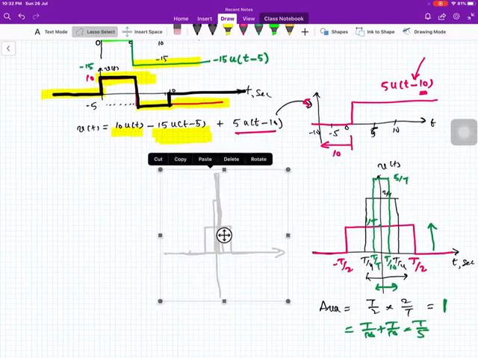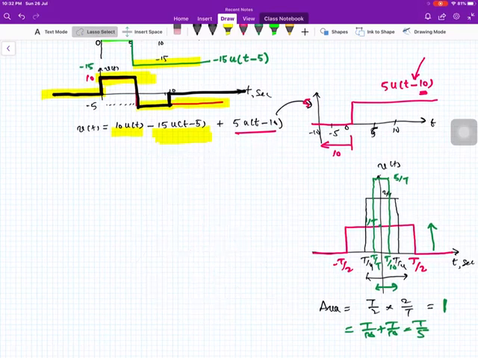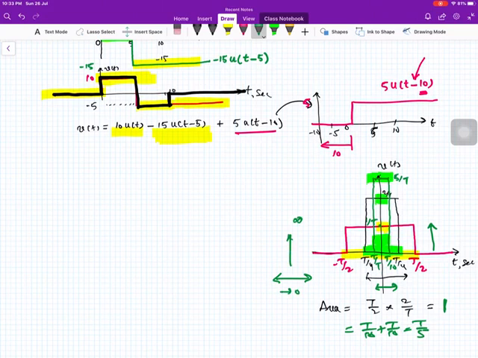So it means that reducing the width over here, for this width, this is the height, and for this width, this is the height, and again for this width the height is. So as the width approaches to 0, the height approaches infinity.